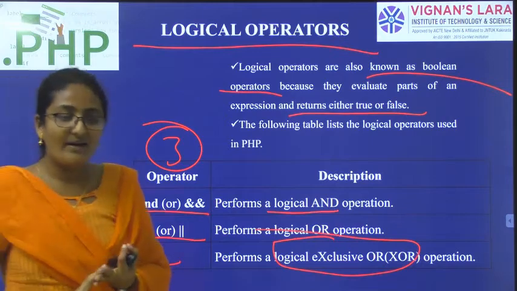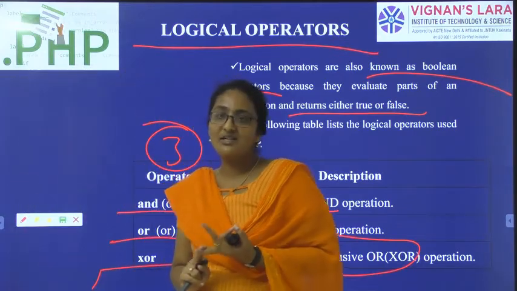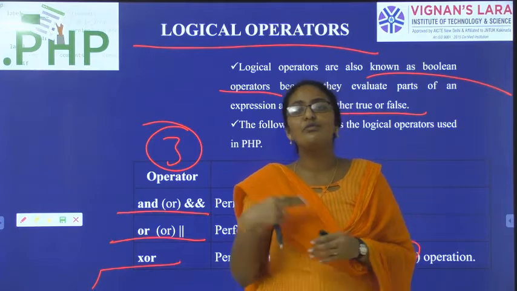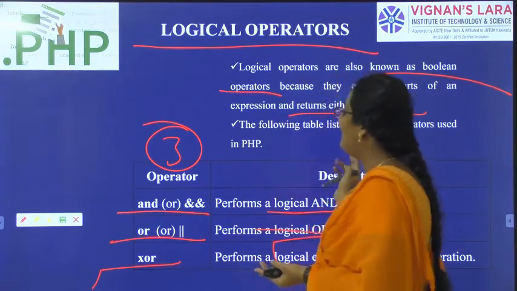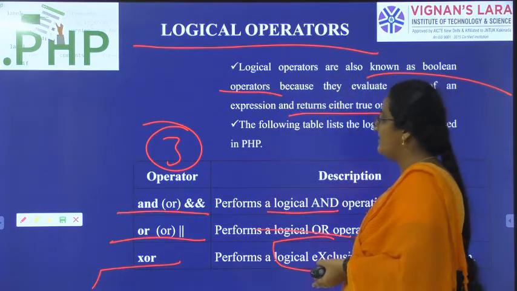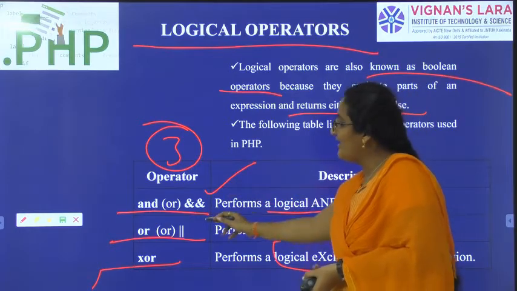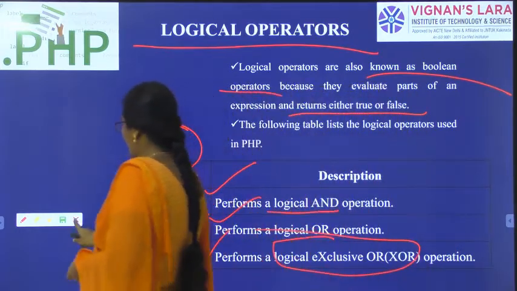So logical operations are also called Boolean operations. These operations will give you the value true or false. We have three types of logical operations in PHP: logical AND, logical OR, logical XOR.